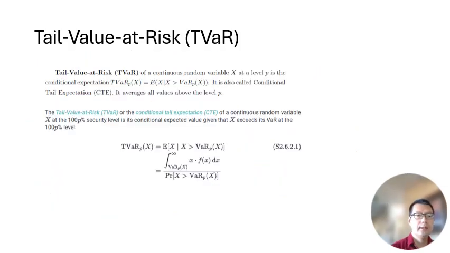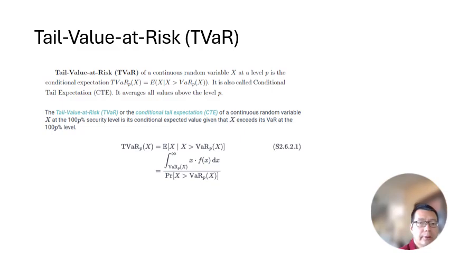Now let's learn another concept, tail value at risk, TVAR, or we also call it the conditional tail expectation, CTE. So tail value at risk of a continuous random variable x at the level p is the conditional expectation TVAR p of x equals the expectation of x given that x is greater than VAR p of x.